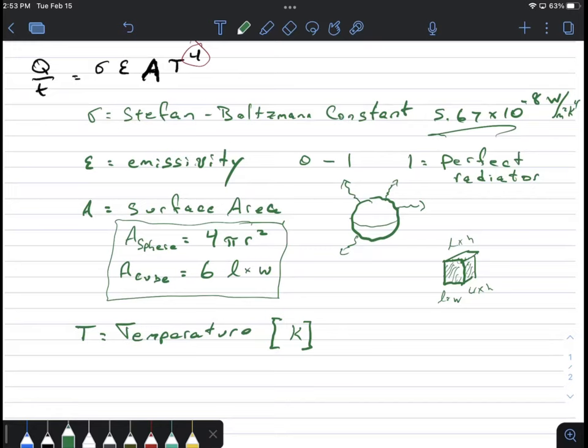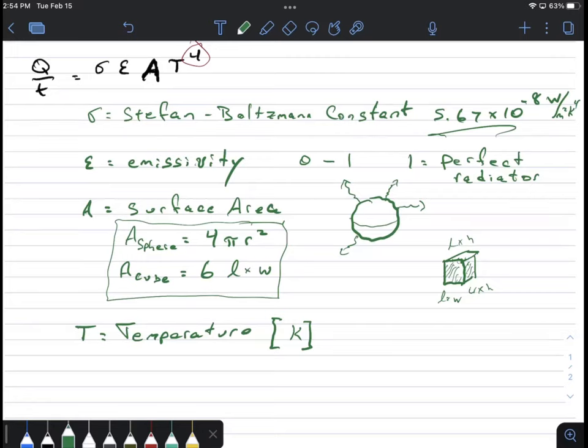But there you go. With this equation, I can say you have a star of a certain size. Its emissivity is 90%, and the star is at 10,000 Kelvin. Question is, what's the heat transfer rate through radiation?